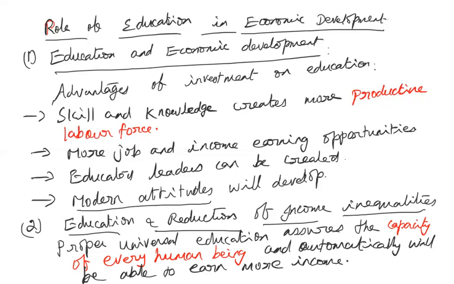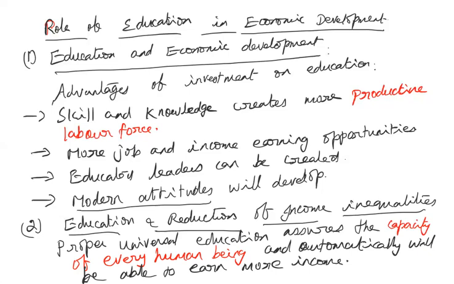The main reason for that income inequality is the lack of income earning opportunities in the developing countries. So if all the labor force in the developing countries increases its quality, everybody's income earning capacity will increase and the gap between the developed and developing countries will keep on decreasing.